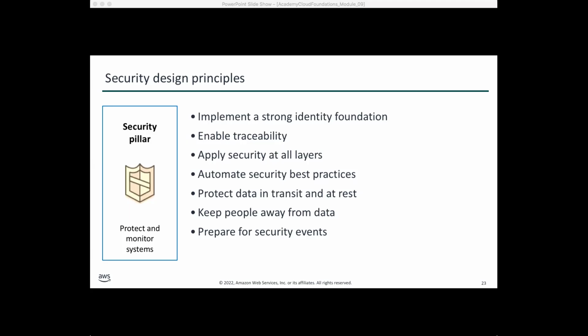It's always good to automate security best practices as well, right? Or automating security mechanisms to improve our ability to scale more rapidly and cost effectively. The idea is to create secure architectures and implement controls that are defined and maybe managed as code in version control templates, right?